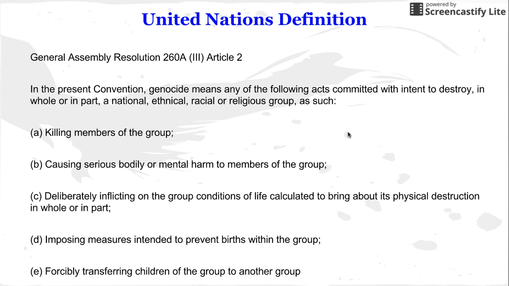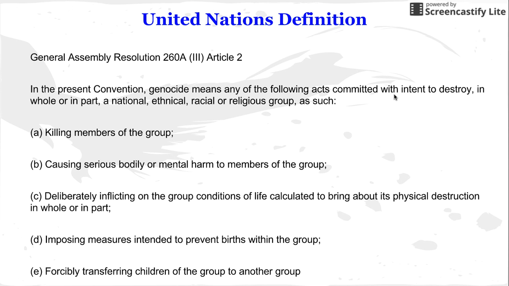Then we have the official United Nations definition, which was created in 1948. In the present convention, genocide means any of the following acts committed with intent to destroy, in whole or in part, a national, ethnical, racial, or religious group.